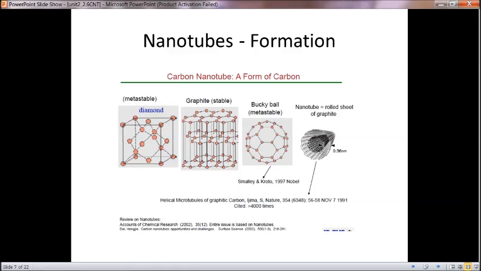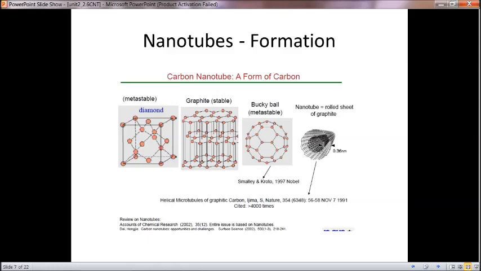This can again be made as a layer, a sheet-like structure, and rolled over to form nanotubes. Both the nanotube and the buckyball are inventions of recent years.